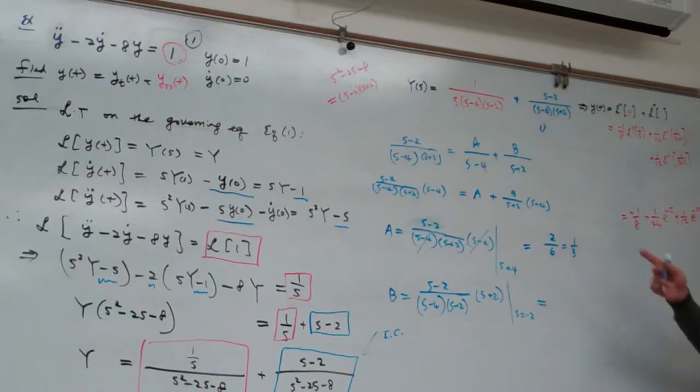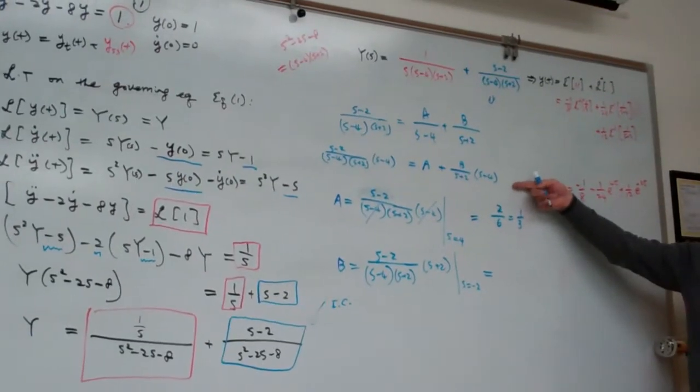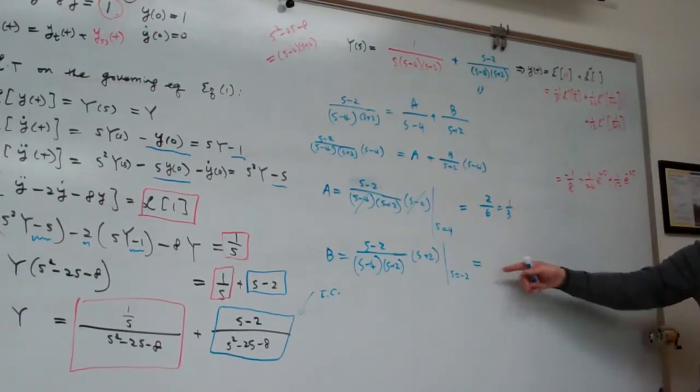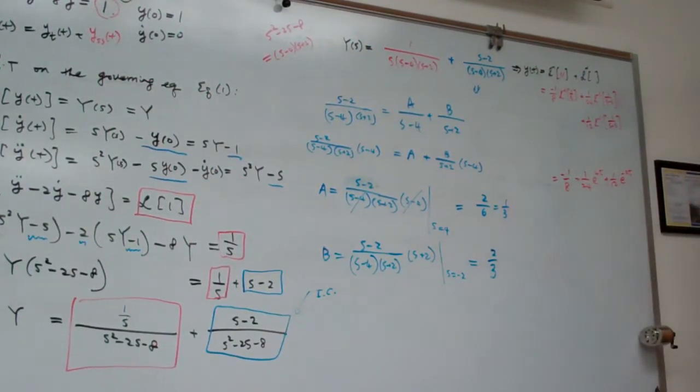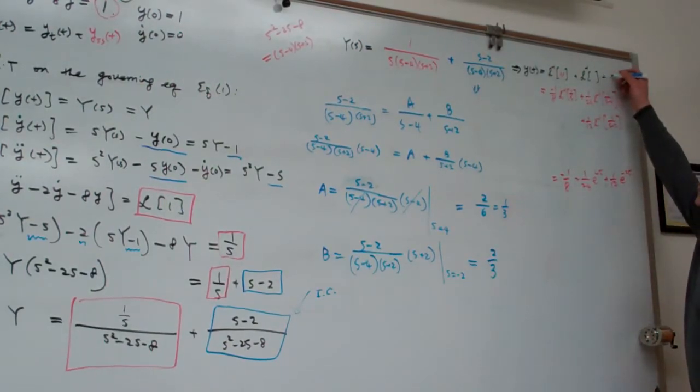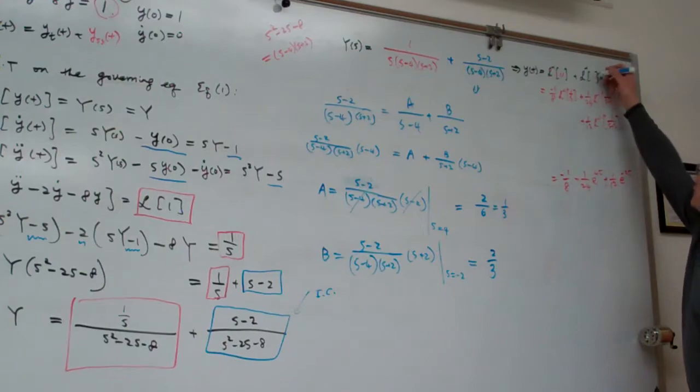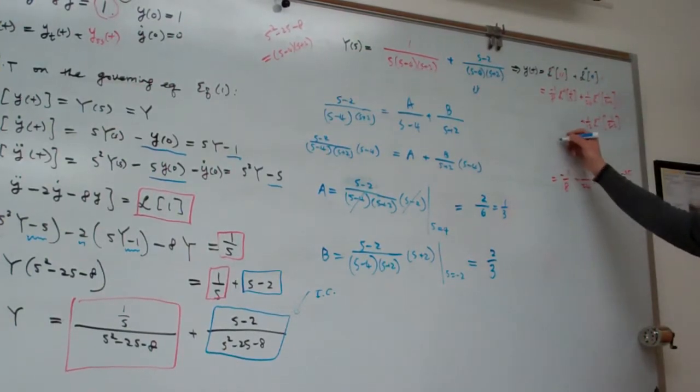In a similar process, you can write up this kind of expression and you can get this one, so that will be 2/3. Okay, so continue. That will be equal to the Laplace inverse of the blue terms.